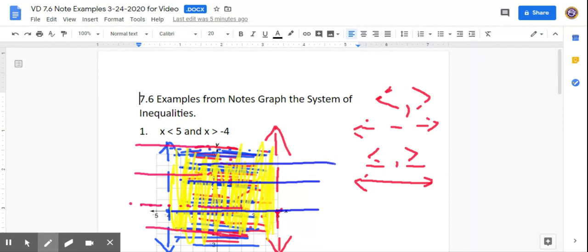But your solution is where they overlap. Your solution is where they overlap. So you can either darken that or shade it with a different color, or just really darken it in, or just go back and erase the lines that aren't part of the solution.